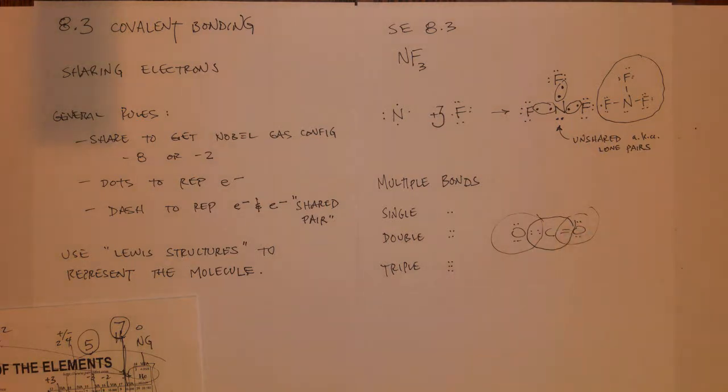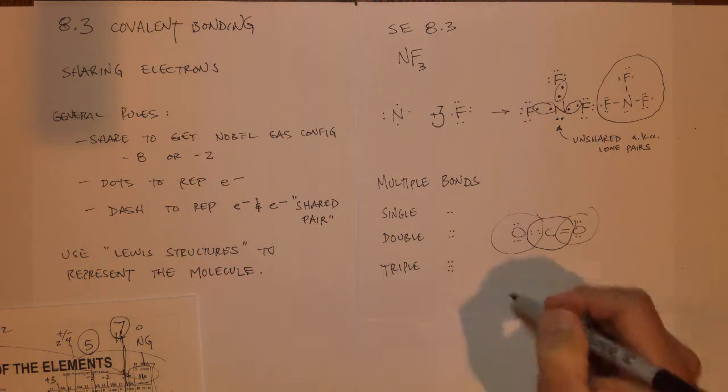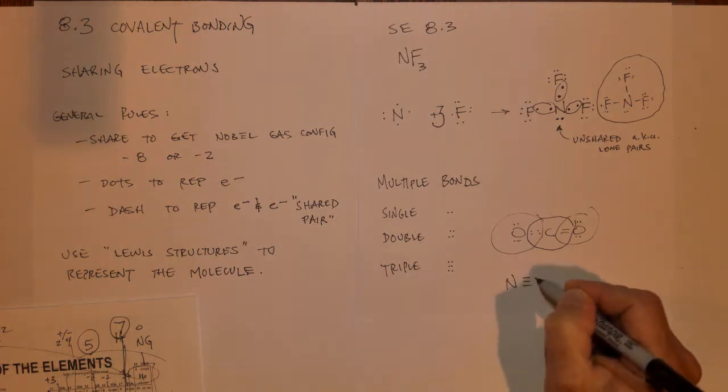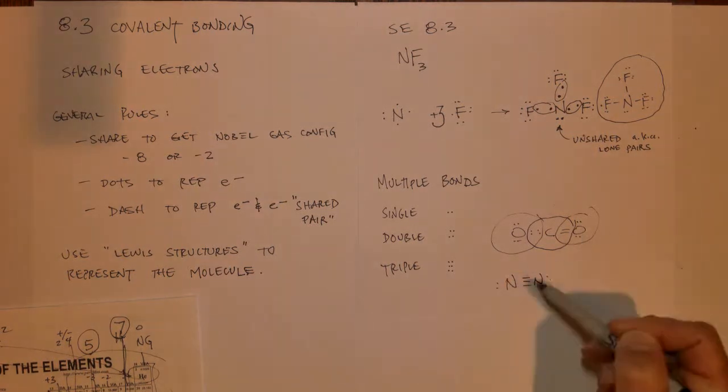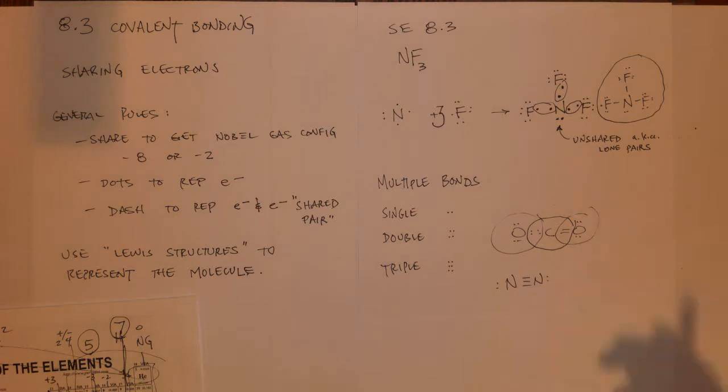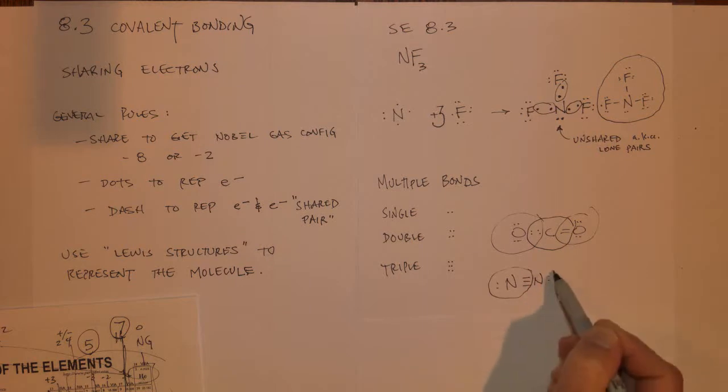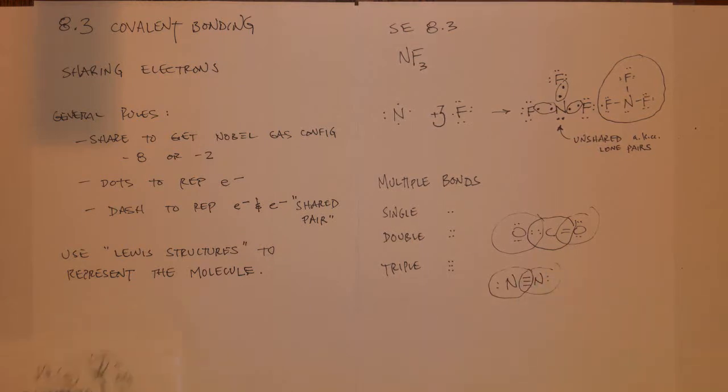Triple bonds form once in a while as well. Nitrogen, diatomic nitrogen, has a triple bond, and so that means that there's 2, 4, 6 electrons shared between the 2 nitrogens, giving this 8 electrons right here, and this 8 electrons right here as well.